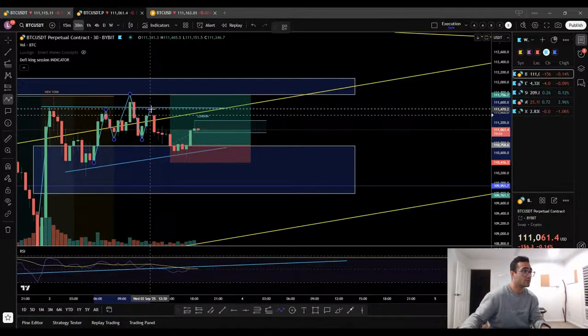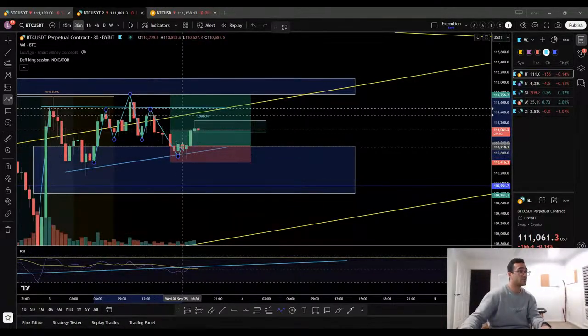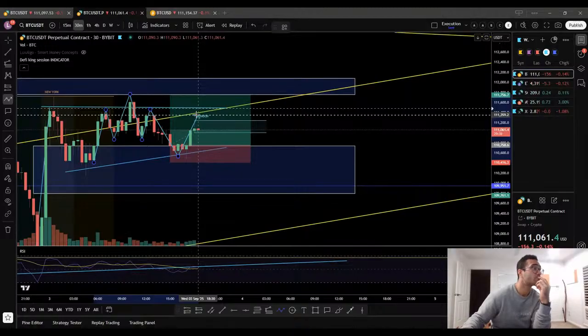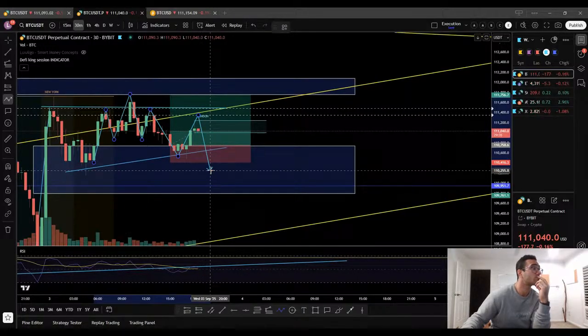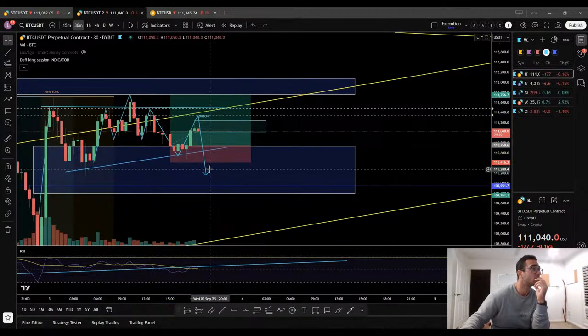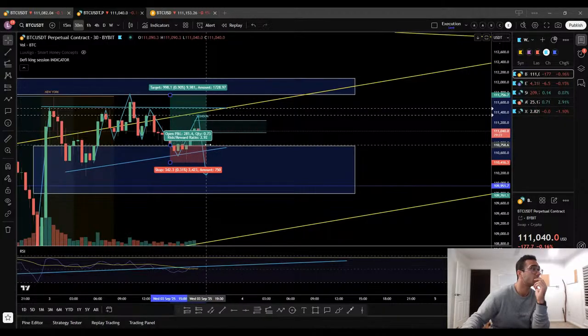Right shoulder, coming back down. Now we can see that we almost tapped up here. We're looking for a tap up here before it falls back down, and if it does, we're going to fall down to around here.